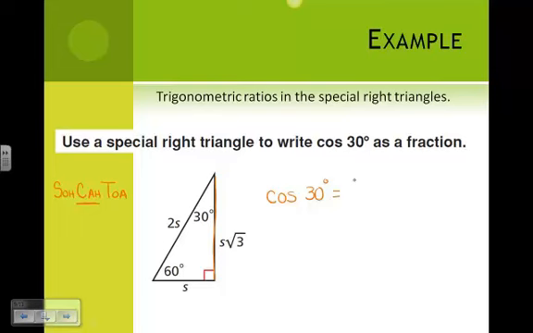This is adjacent, which is s square root of 3, and then the hypotenuse, here's our hypotenuse, which is 2s. So if we cancel the s's, s cancels with s, the cosine of 30 degrees, that ratio of the adjacent to the hypotenuse, is always going to be the square root of 3 over 2.